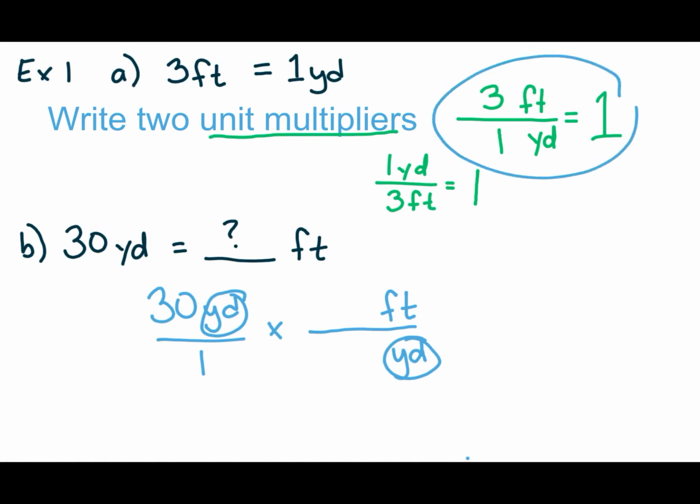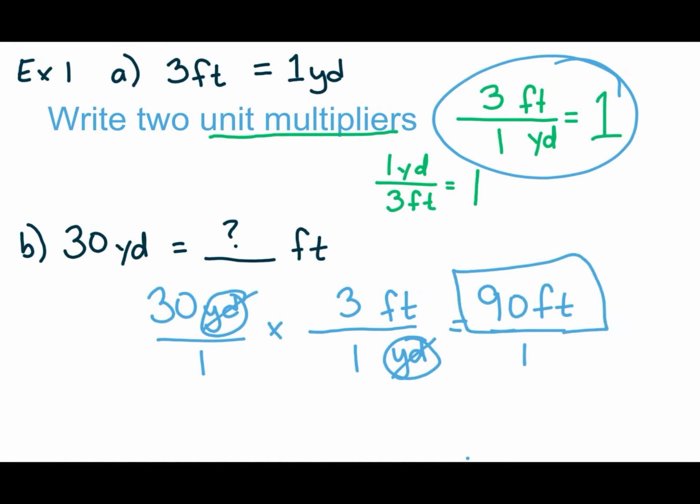So this is the unit multiplier that I'm going to use right here. So I'm going to take 30 times 3, which is 90 feet is what I'm left with because my yards cancel out over 1. So that's my answer. 30 yards is equal to 90 feet.